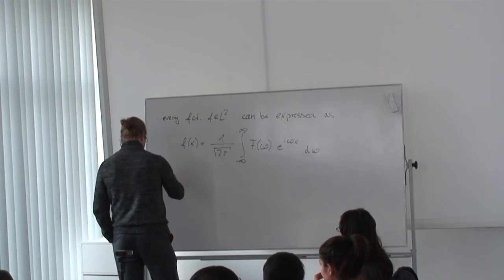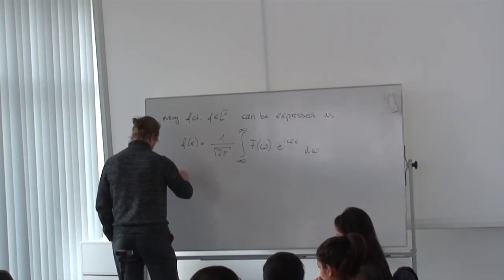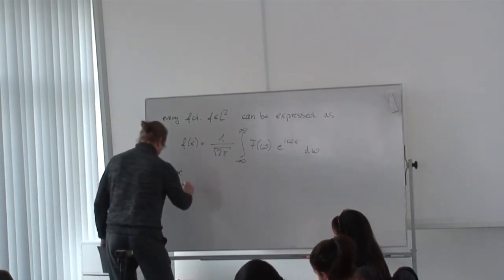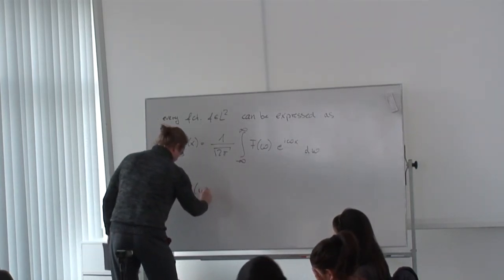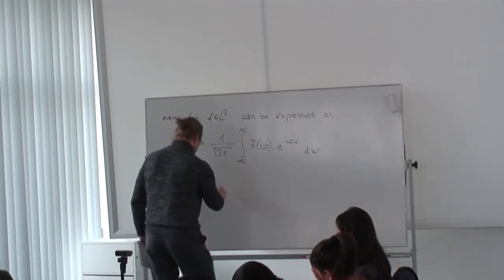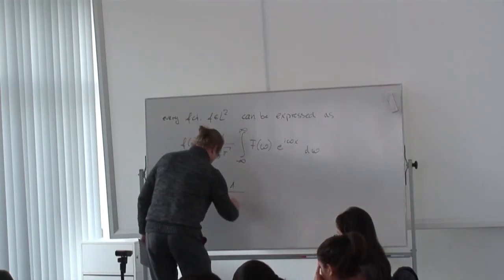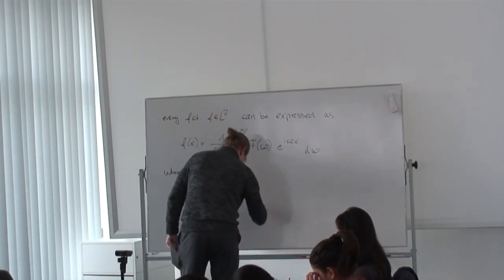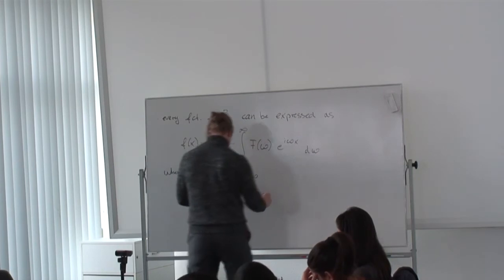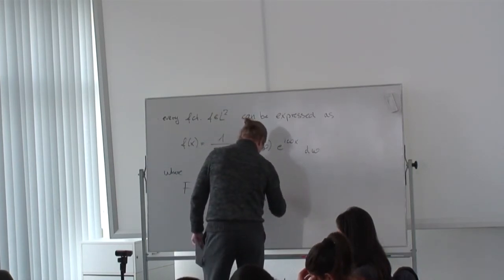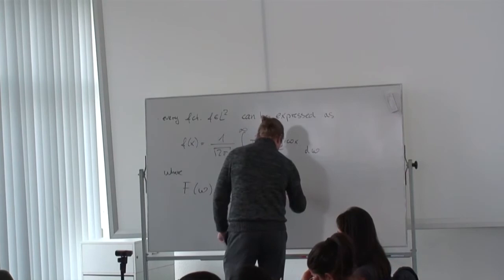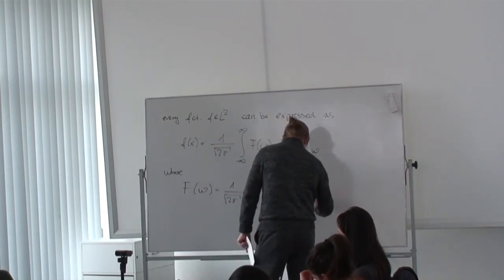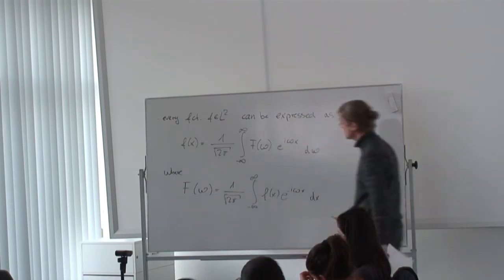So let's look into that, where this function capital F of omega is given by 1 over the square root of 2 pi times the integral from minus infinity to infinity, and now we have f of x times e to the minus i omega x, and we integrate over x.